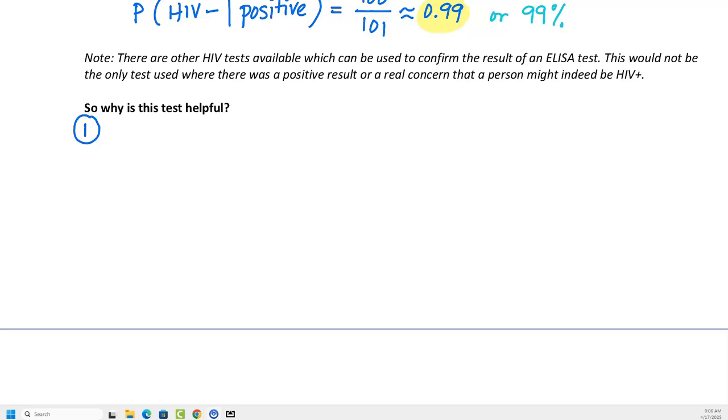And so a negative result is HIV negative.